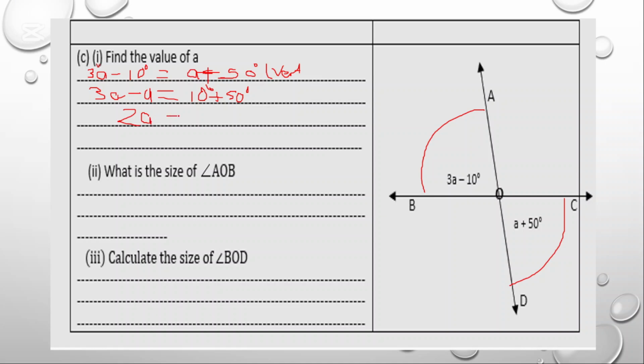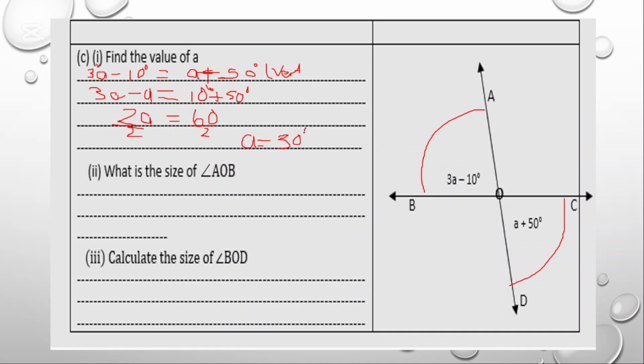Apologize for my handwriting on this screen here. 10 plus 50 is equal to 60 degrees. 2 times what is 60? And you know the answer must be 30. Or you divide by 2 and you divide by 2. There. And A is equal to 30 degrees.